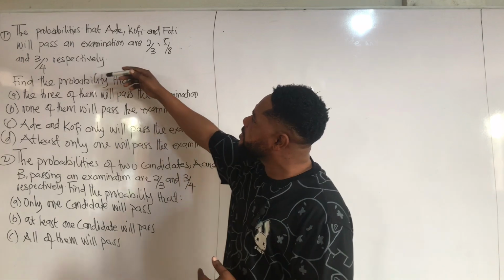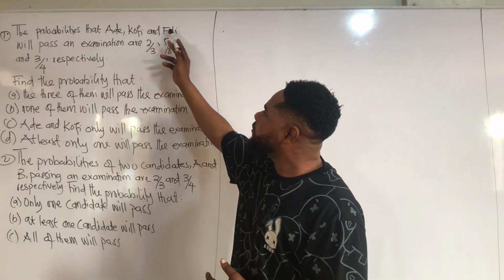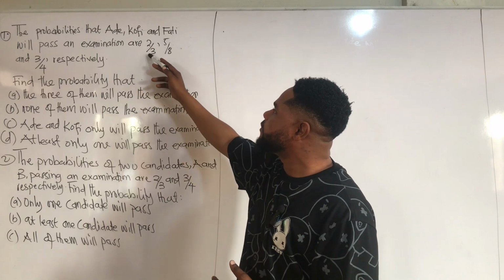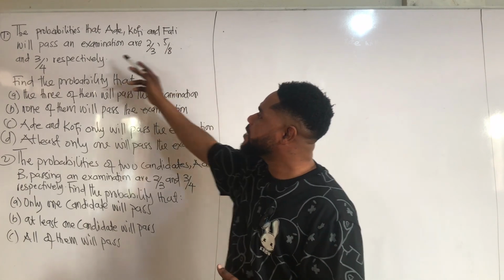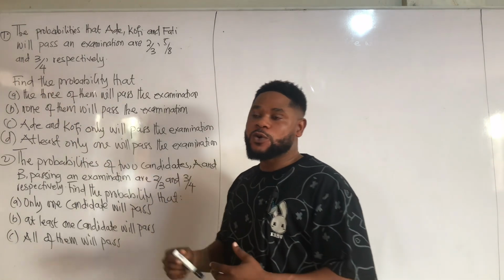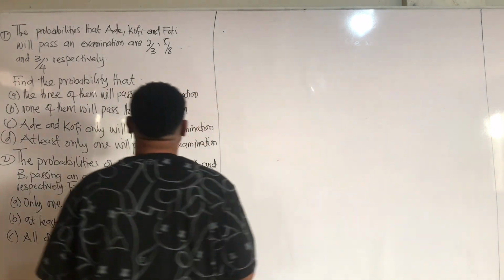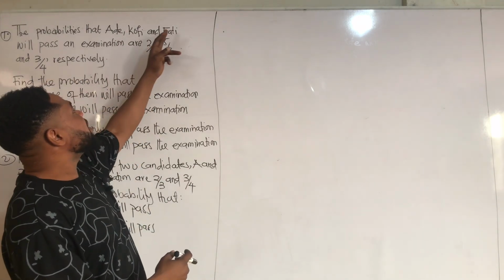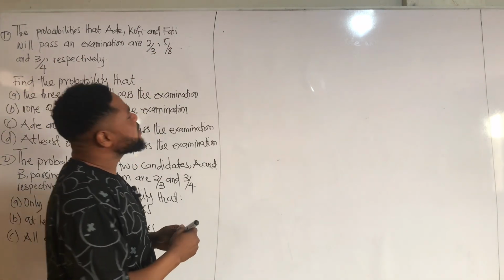The probabilities that Ade, Kofi, and Fatih will pass an examination are 2 over 3, 5 over 8, and 3 over 4 respectively. Now, to go by this, we are going to use alphabet to represent the initials of the candidate.